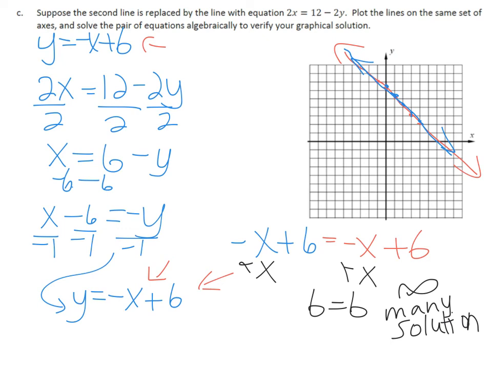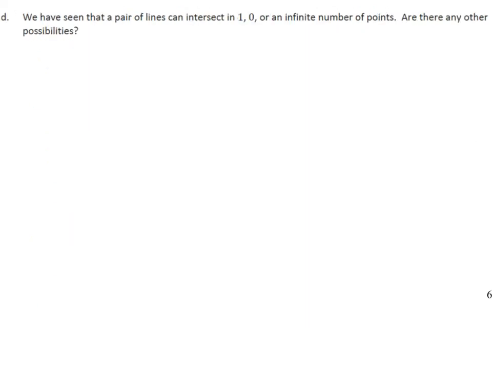So last question, let's take a look at question D. We've seen that two lines can intersect at one point, no point at all, or an infinite number of points. And they're asking if there are any other possibilities. If we draw out each one, these two lines will intersect at 1 point. And we have two parallel lines that will intersect at 0 points.